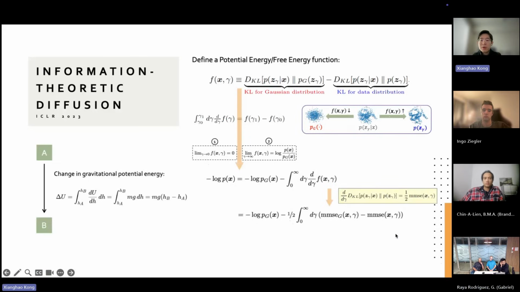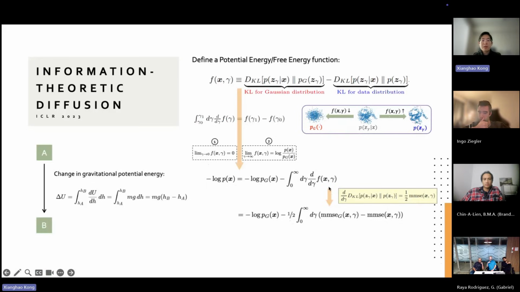So, where were we? Now we substitute this derivative of the free energy function with the MMSE value. That would be easier to calculate, or easier to train a model, because we only need to train an optimal denoiser, right?